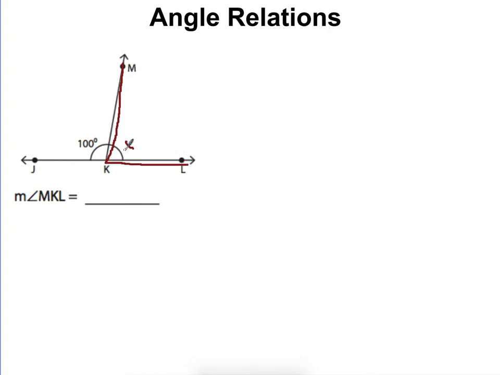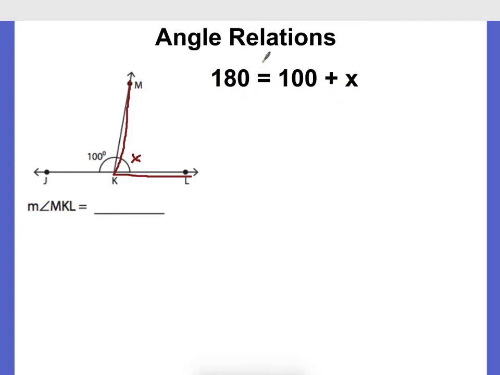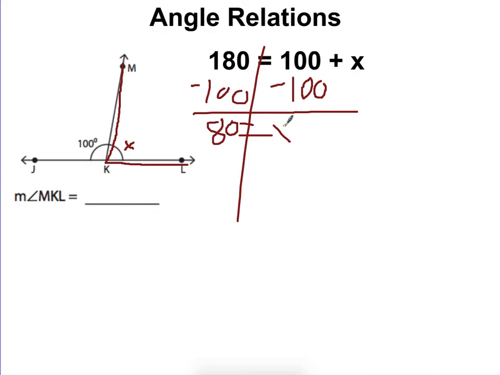So we'll call that X. Let's go ahead and write an equation for that. 180 equals 100 plus X. Look for inverse operations, so I'll do minus 100 because it's being added to X. And then I'll get 80 equals X. So at the end here, the measure of angle MKL is 80 degrees.